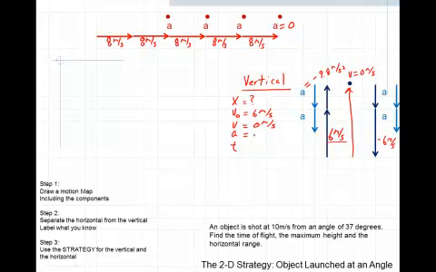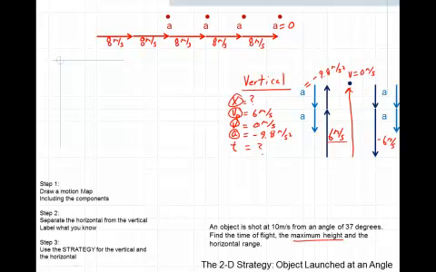The acceleration is going to be negative 9.8 meters per second squared, and the time we don't know. So if we want to find, first of all, the maximum height, we would circle that because that's what we're looking for, and circle the things that we know and we don't know.